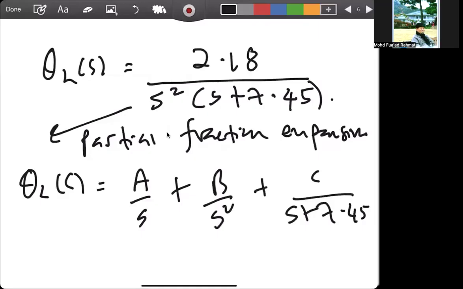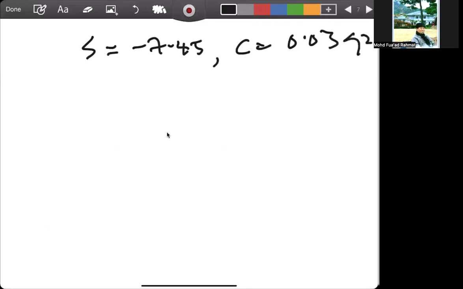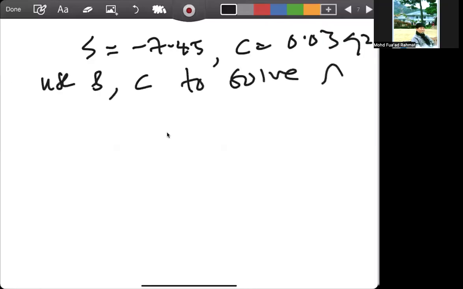Okay, so solve it when S is equal to 0, B is 0.293, and S is equal to minus 7.45, C will be 0.0392. So use B, C, solve A, so you will get A 2.18.